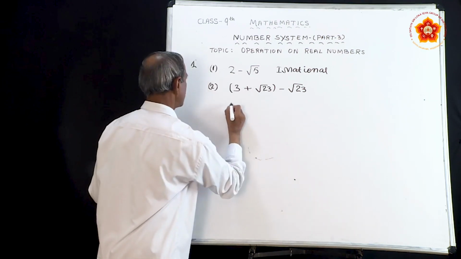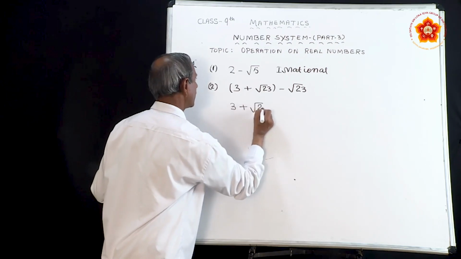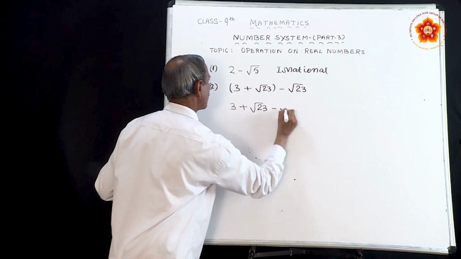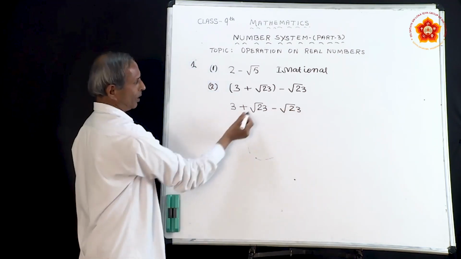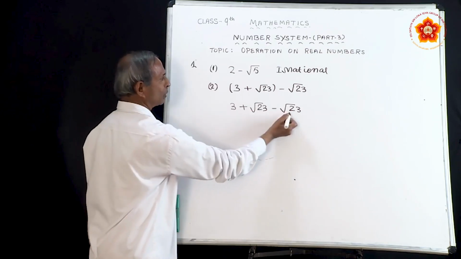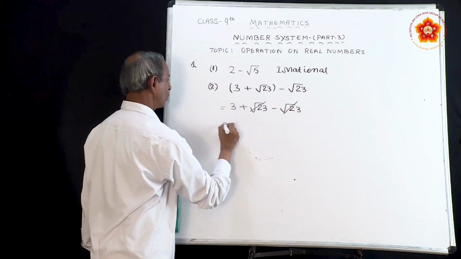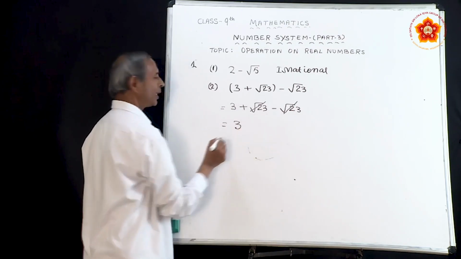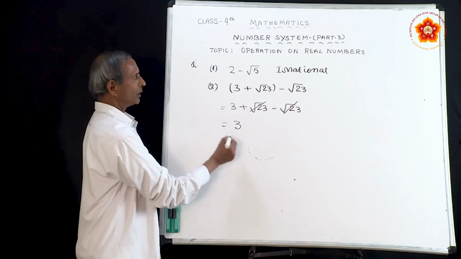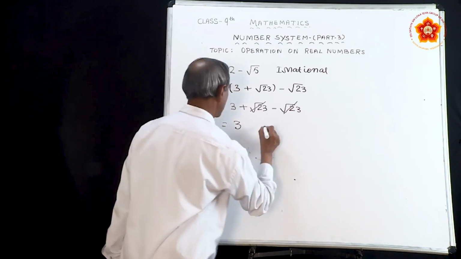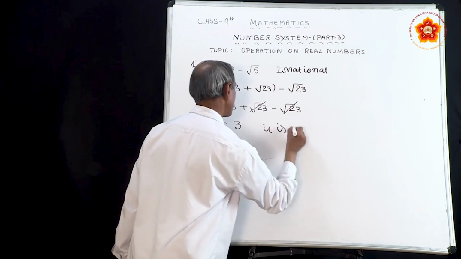Now that equals 3 plus square root of 23 minus square root of 23. Observe here, in this step plus root 23 and minus root 23 get cancelled. The remaining answer becomes only 3. You already know 3 is a rational number. Therefore, this problem belongs to the rational numbers. It is a rational number.